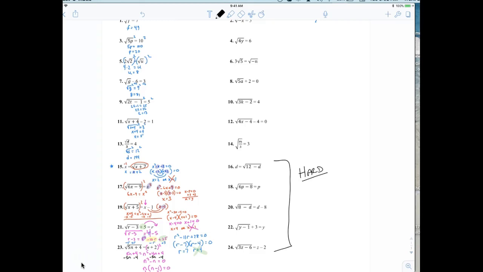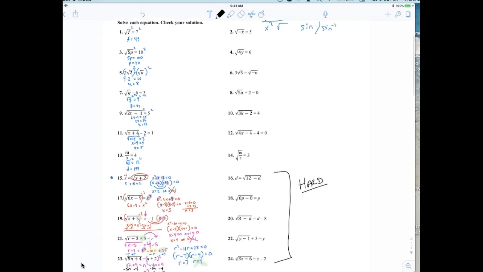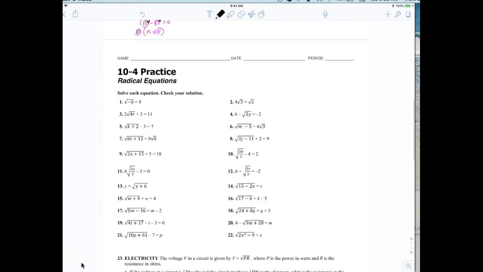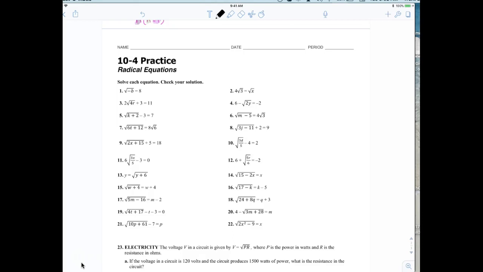So your job, let me make myself clear, because some of you seem to not be clear yesterday. All you have to do right now is the evens on the first page. If you want to get some extra practice in, that's the other page. What I will probably do is the second page with my other class.